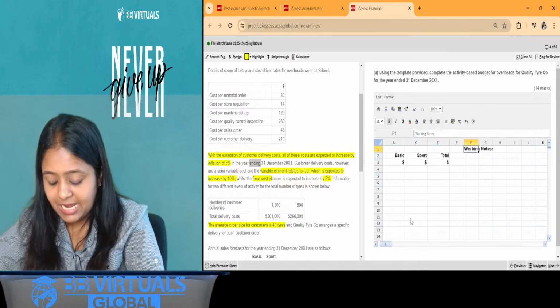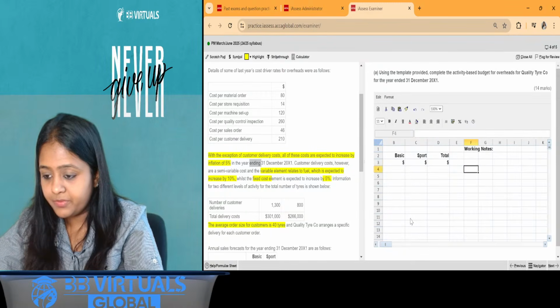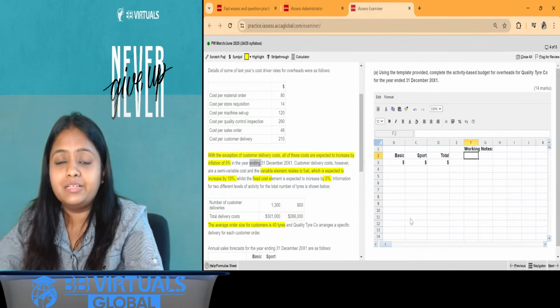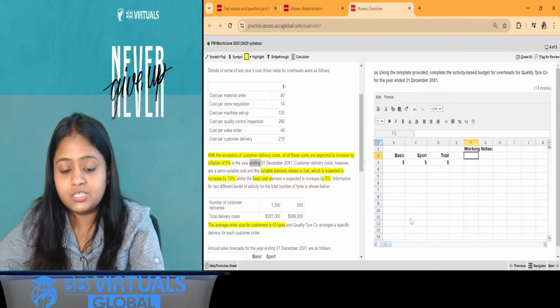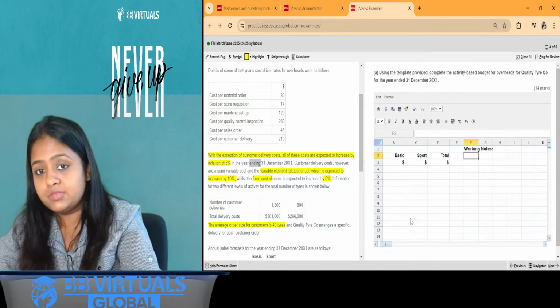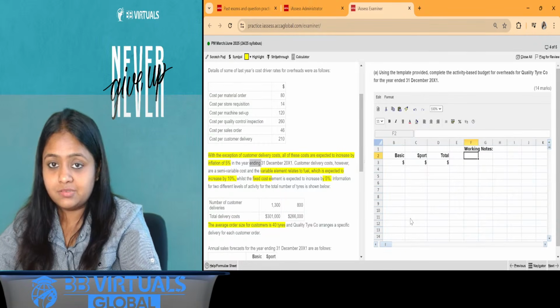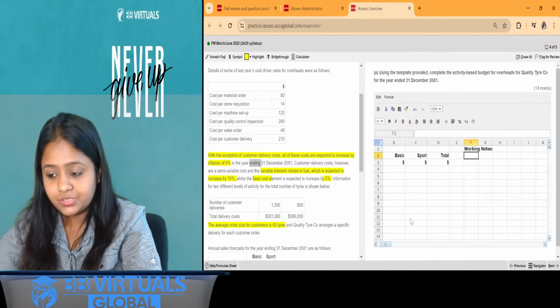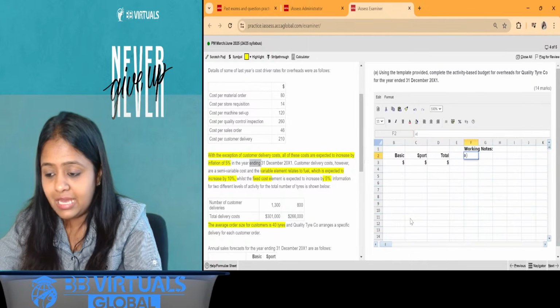Okay, I need to first calculate the material ordering cost. But before that, let's calculate the number of batches, since we have sales units, we have opening stock, we have closing stock. Let's calculate the number of batches based on the number of production units. So first step is we will calculate the number of batches.